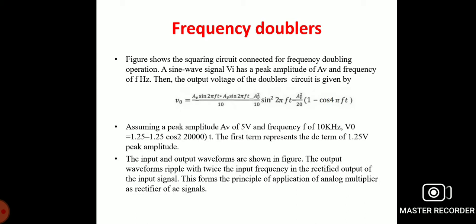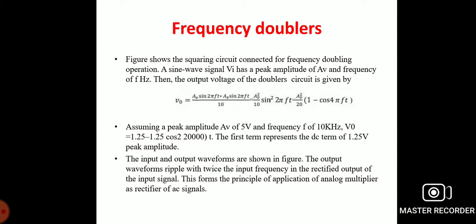So assuming a peak amplitude voltage of 5 volt and a frequency of 10 kilohertz, the output voltage is equal to 1.25 minus 1.25 cos 2000 t.